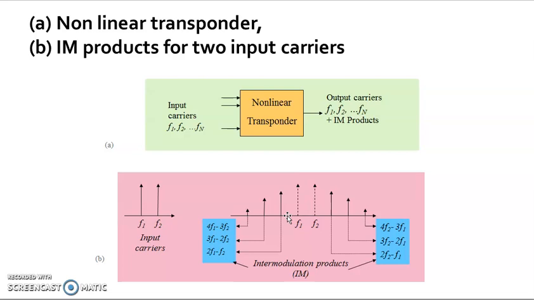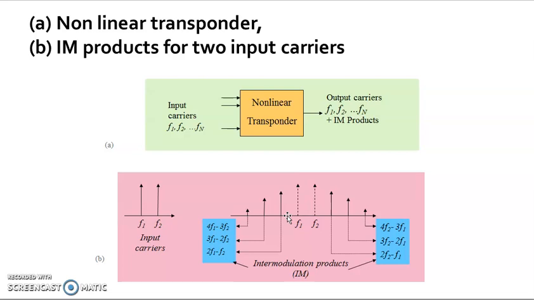If we violate the rule of output power, then we will have intermodulation components, intermodulation products there.